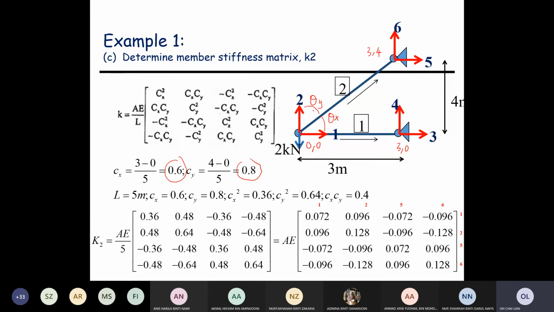You can use cos theta x, cos theta y, or you can use the coordinates. Please have a try.